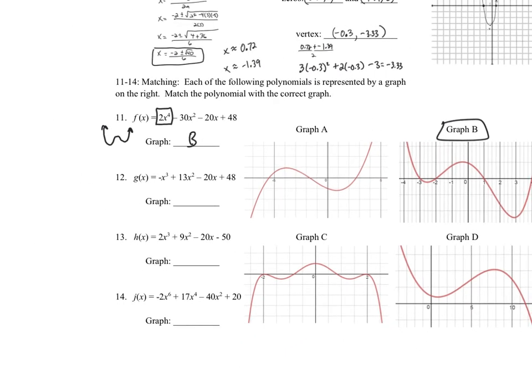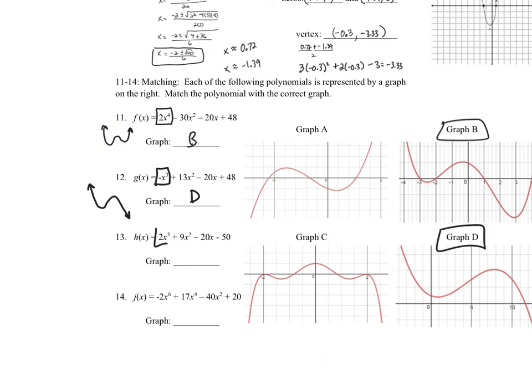Okay, number 12 is an x to the third equation. That's the highest exponent. And normal x to the thirds looks something like this. However, this is negative x to the third, so it's going to be flipped upside down. So it's going to look something more like that. So that's going to be D. It starts in the upper left and ends in the lower right.